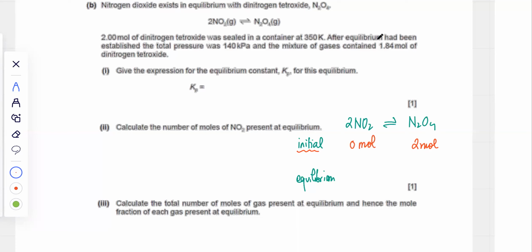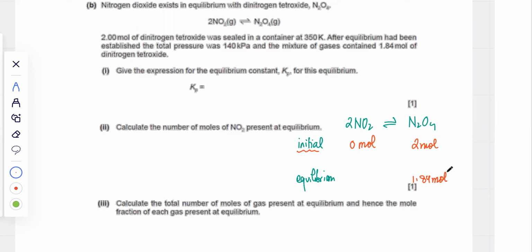After equilibrium had been established, the total pressure was 140 kilopascals, so that's the total pressure of the container. And the mixture of gases contained 1.84 moles of dinitrogen tetroxide. So at equilibrium, the moles of dinitrogen tetroxide had decreased to 1.84 moles. That means you started off at 2 moles, but now you have 1.84 moles.